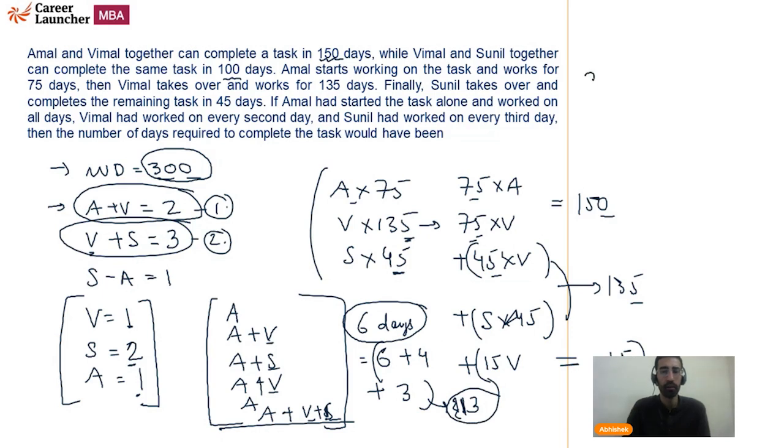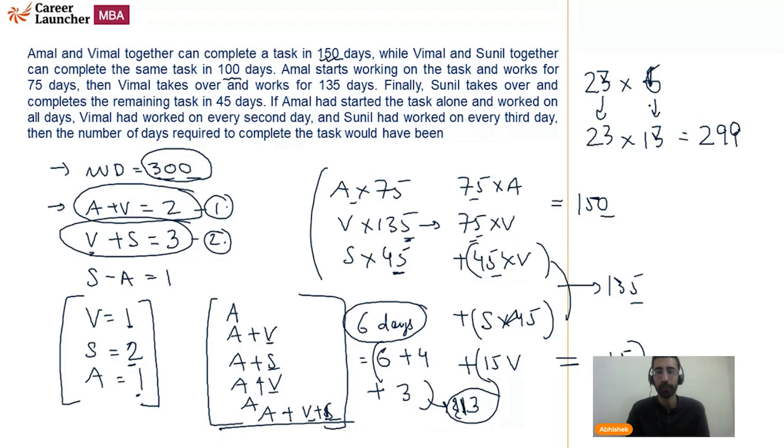If I run 23 cycles of 6 days each, I will end up doing how much work in these 6 days? 13 units. So 13 into 23. 13 into 23 is 299. I'm sorry, 299. Yeah, this comes out to be 299.